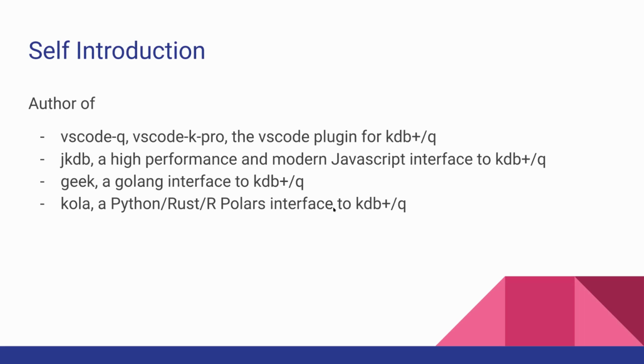I also write interfaces for other programming languages to KDB, like JKDB, a high performance modern JavaScript interface to KDB, and Geek, a Golang interface to KDB. The last one is Kola. It's a Python, Rust, and potentially R Polars interface to KDB.